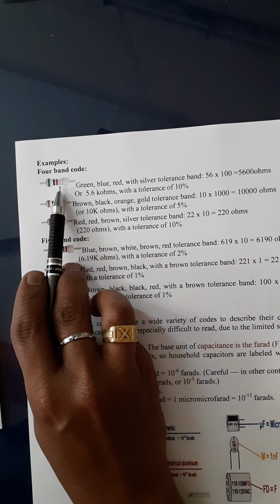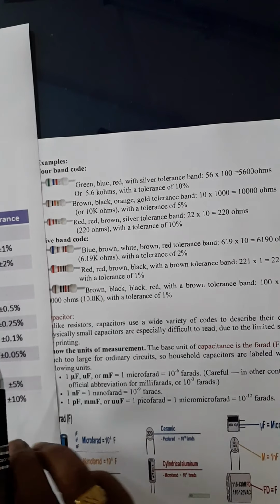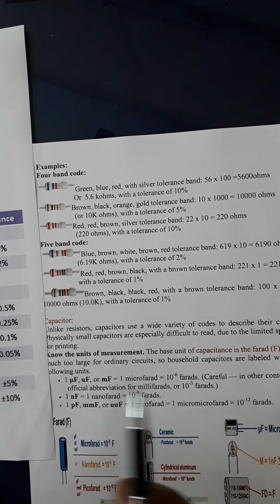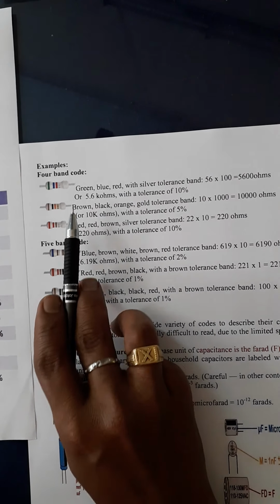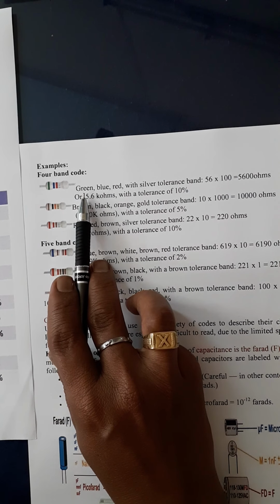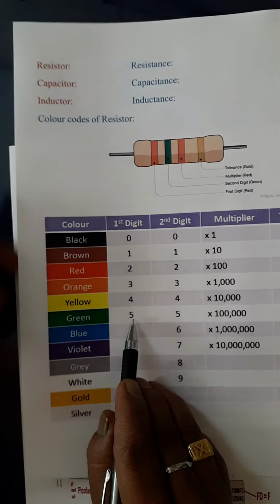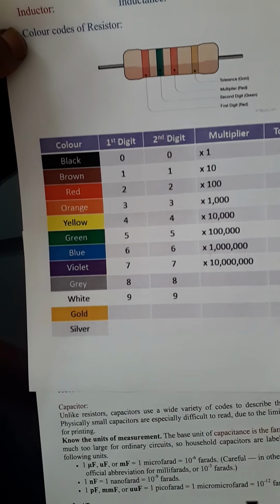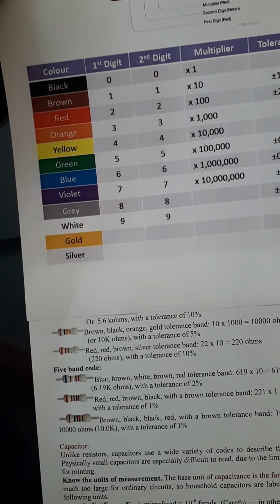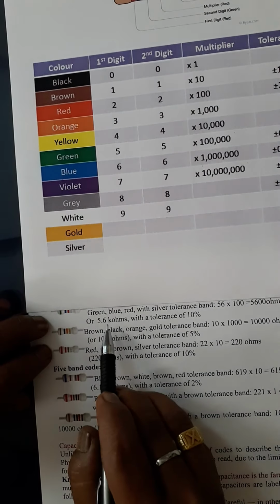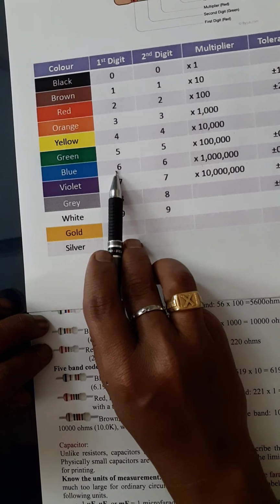As per the chart, green represents 5, then blue represents 6.